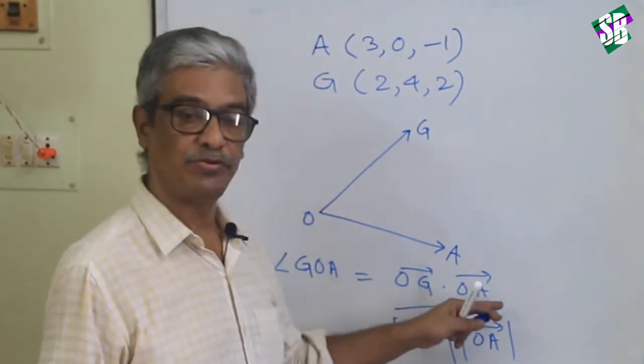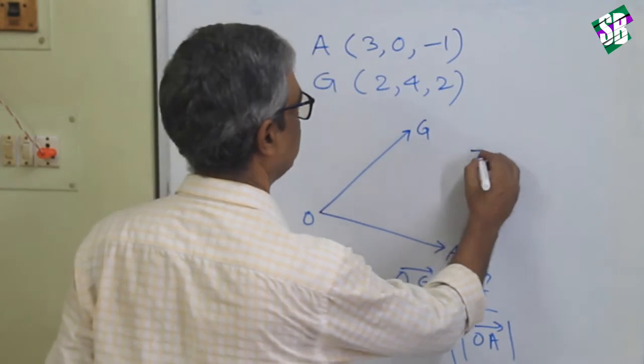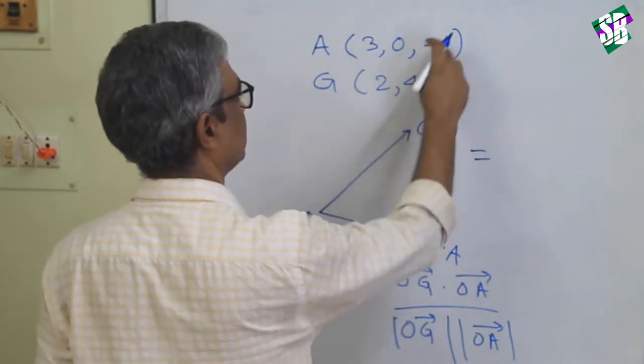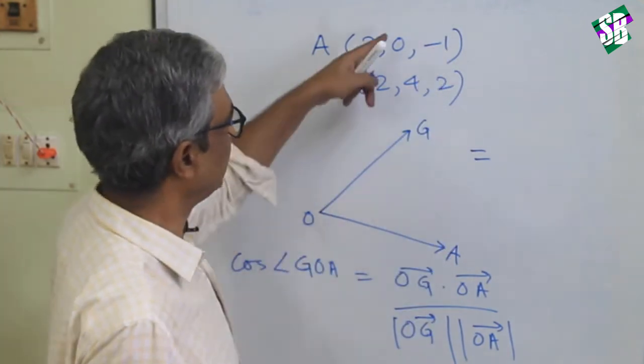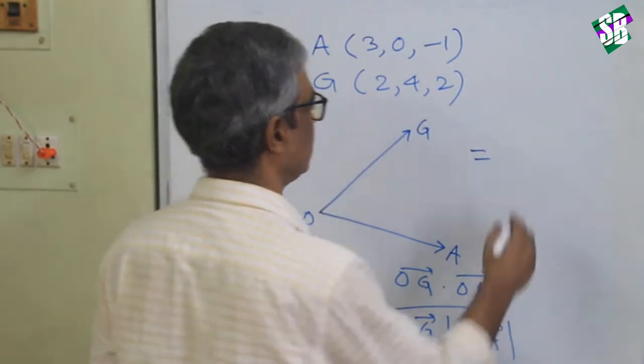And what is OG vector dot OA vector? It means the dot product of this. So this is equal to 6 plus 0 minus 2, which means 4.